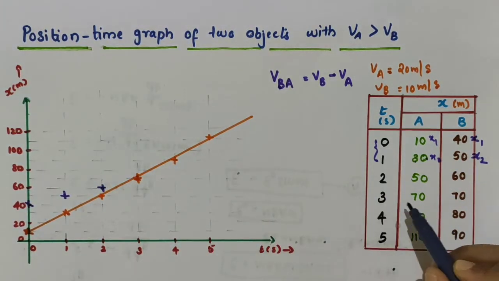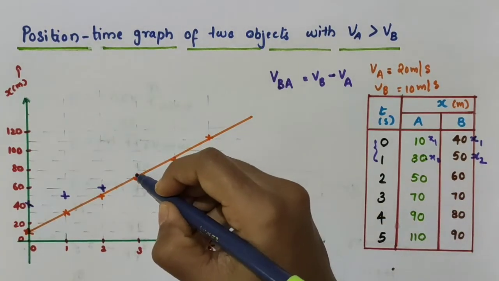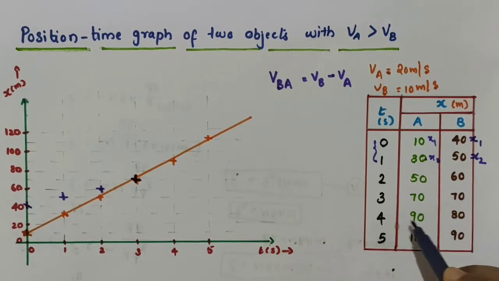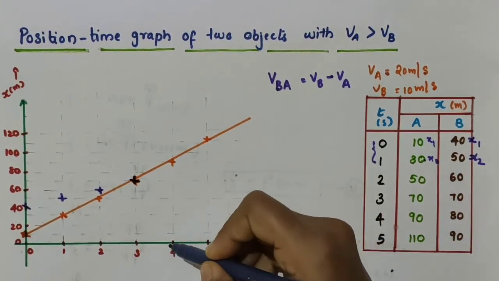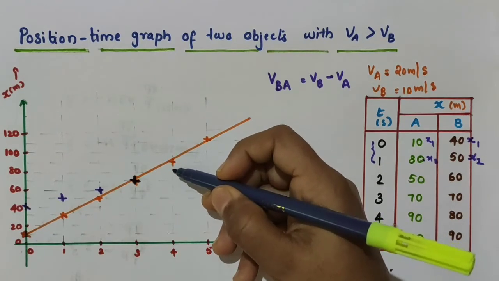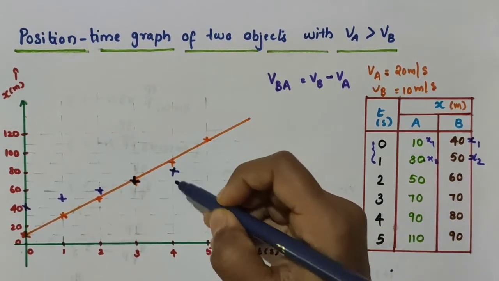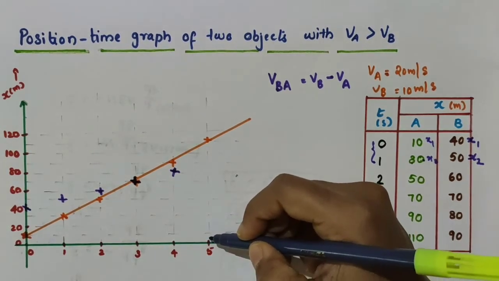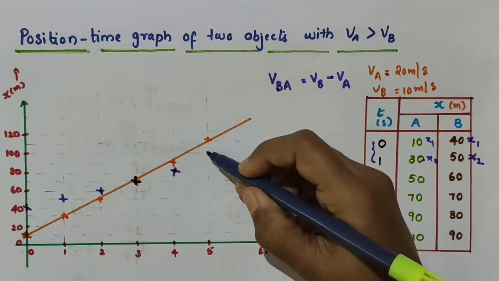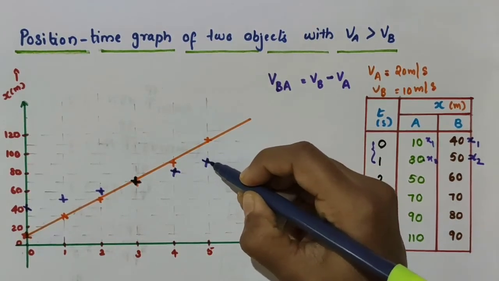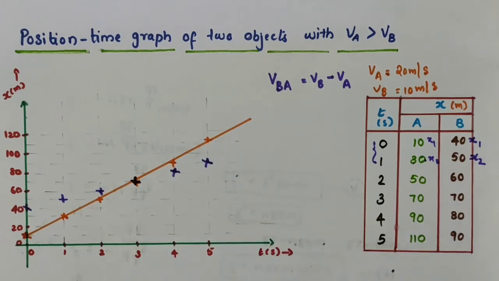Okay, then 3, 70. The 70 point is somewhere here. Then 4, 80. The point is somewhere here. Then 5, 90. This is 100, so this will be the 90. So we got these many points here. We want to join all these points.